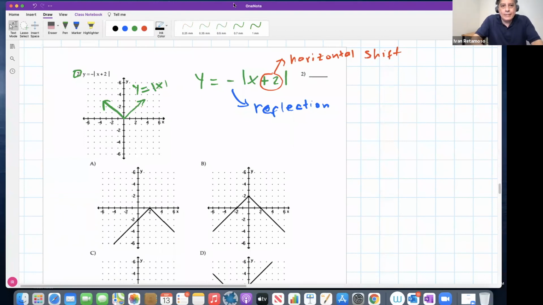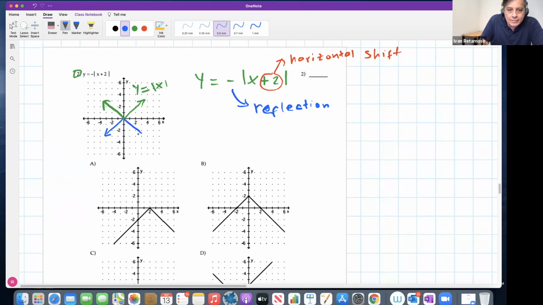Aha, I see number 2. Mohina, excellent, very good, you got it. Let me explain. This is the original graph for y equals absolute value of x. The negative sign means that we have to reflect this about the x-axis.